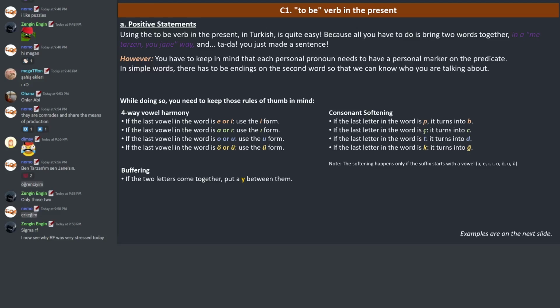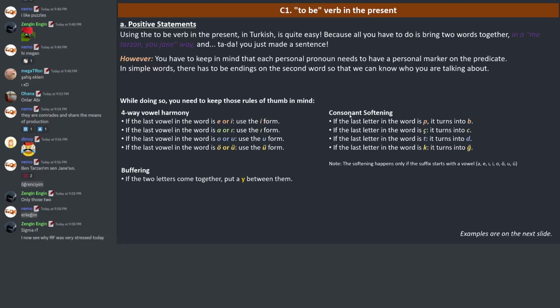I try to color them to make it more visual, but while adding these personal endings, you have to remember the four-way vowel harmony. All of these are self-explanatory, like e goes to e and so on.